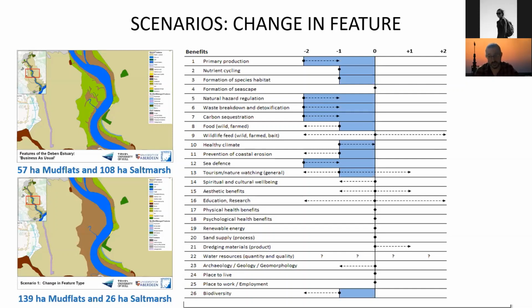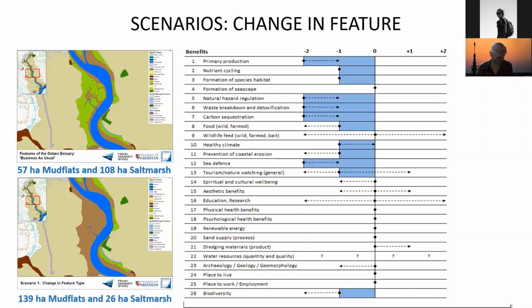Now the dashed lines in that system represent the variance. Because we asked stakeholders to discuss and score these and understand the variance, this really shows some of the indecision in these changes, the debates around this. Some were very little. There was generally agreement that there was going to be negative change in this type of service, and some, for example, number 9, wildlife food, there's huge variance in how that will change.